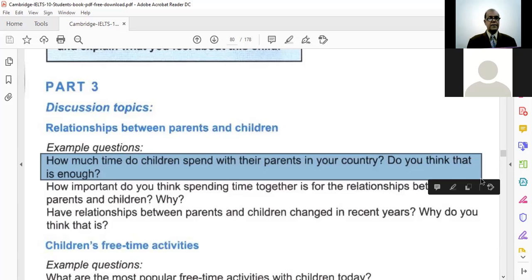It's a lifelong time, okay? In Pakistan, in our country, it's a lifelong relation between parents and children. They go side by side.